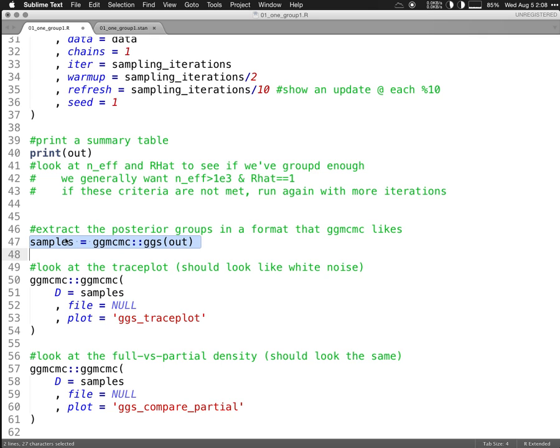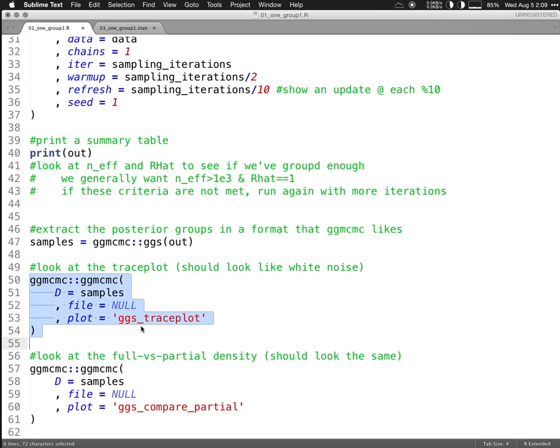So I'm going to get the samples, and ggmcmc has its own self-named function to look at what the samples look like.